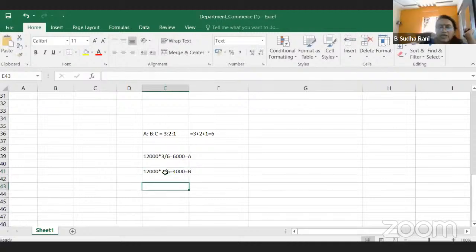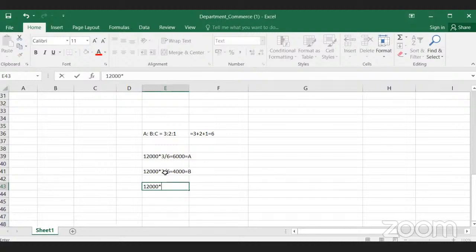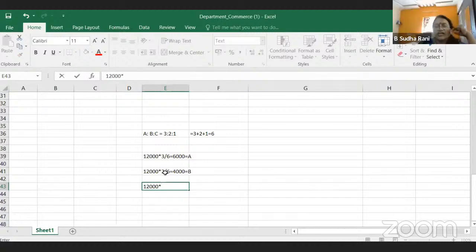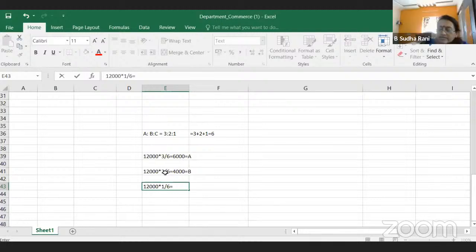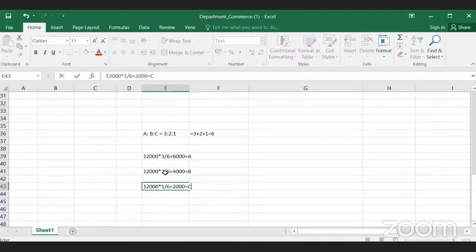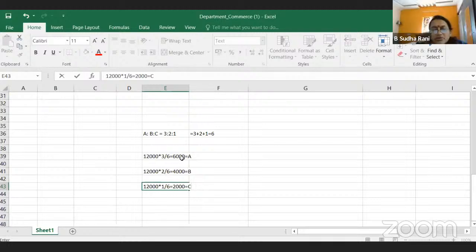Now 12,000 into, C is taking how much out of 6? 1 piece. 1 by 6, 12,000 by 6 is 2,000. So who is taking? C. Okay, so the total, this 6 plus 4 plus 2, is it equal to 12 or not?